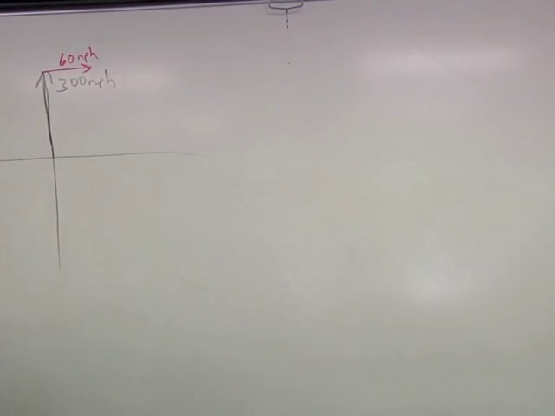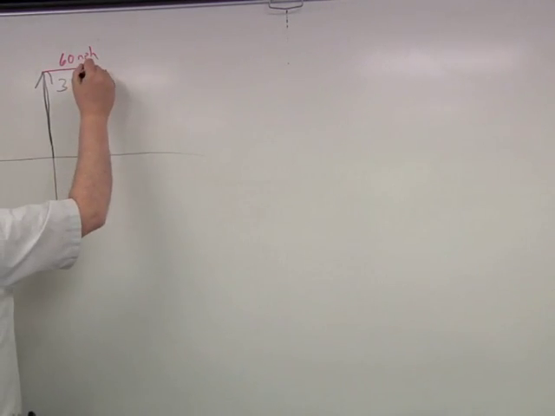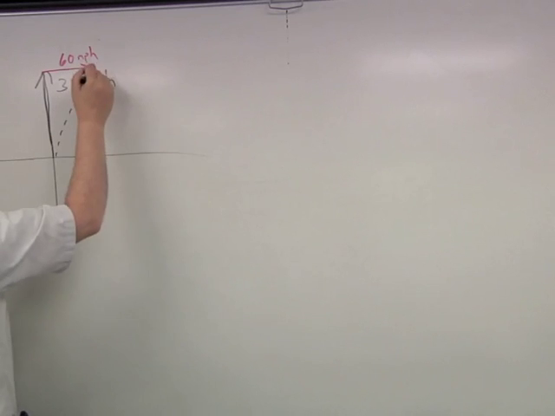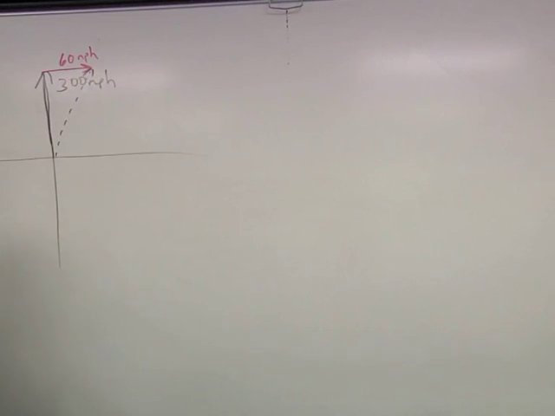Okay? So given that we have a 60 mile per hour wind that is blowing to the east, the plane is going at 300 miles per hour going due north, what would be the resultant vector given that now the plane is actually going to go like that, off of that.